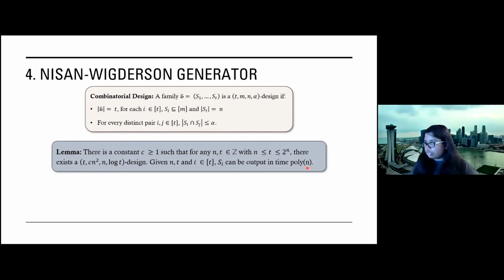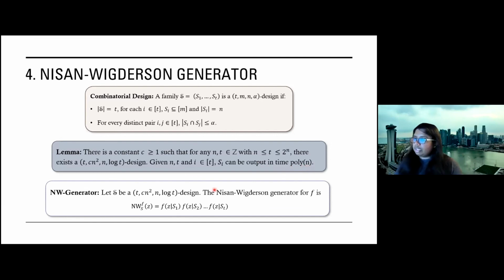How can we use this? Given such a combinatorial design and given my function f, which has some hardness conditions, my PRG is going to be f acting on, let's say, z restricted to the set S1.